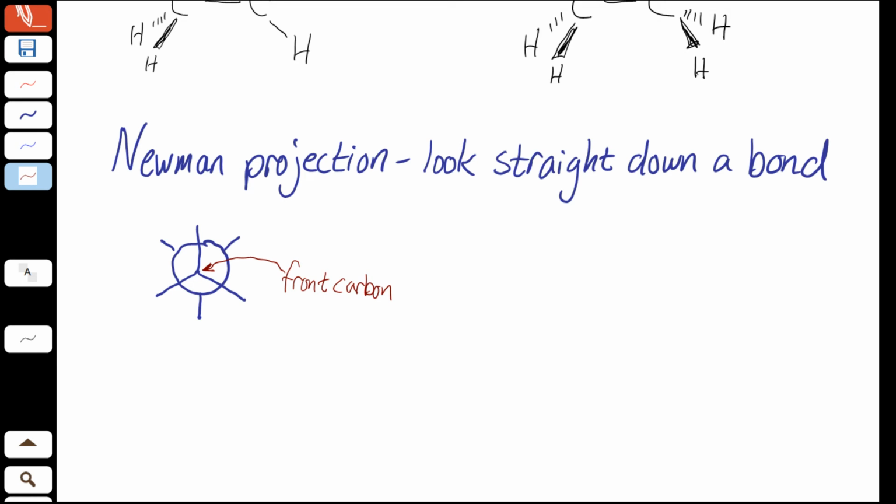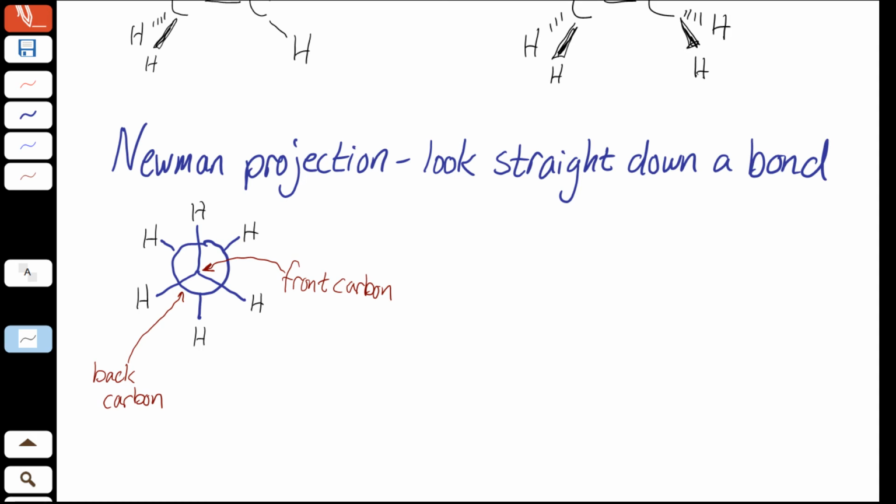And then the circle is the back carbon. So if I then add the atoms here, if these are our hydrogens, which conformation have I just drawn here? Staggered or eclipsed? Yeah, that's staggered, and we can see how it's staggered pretty clearly with that now, right?